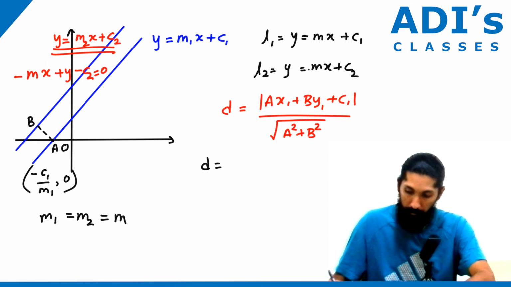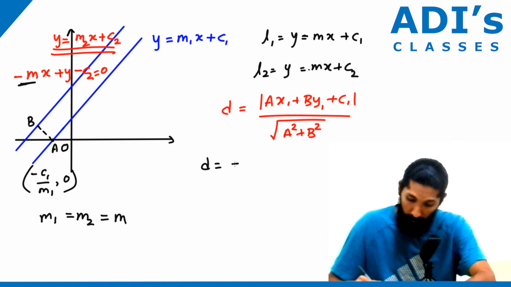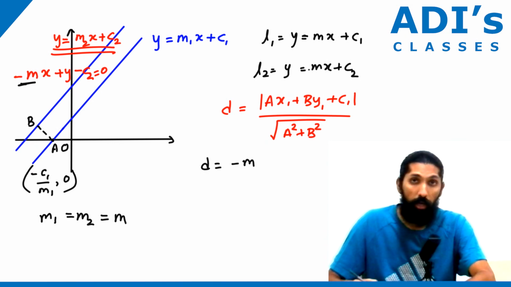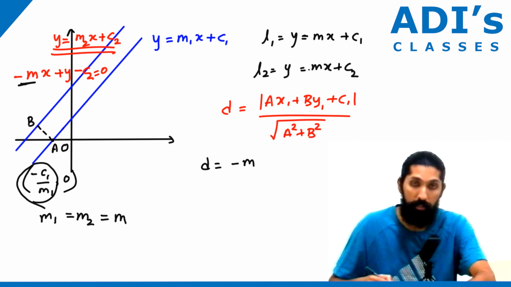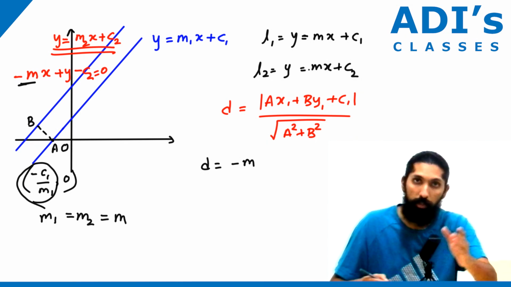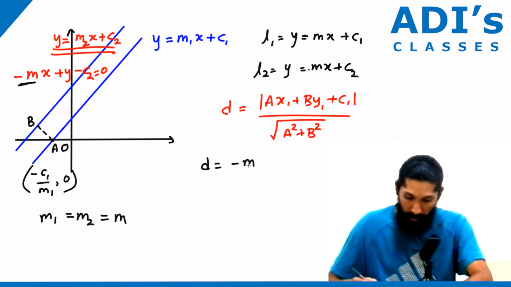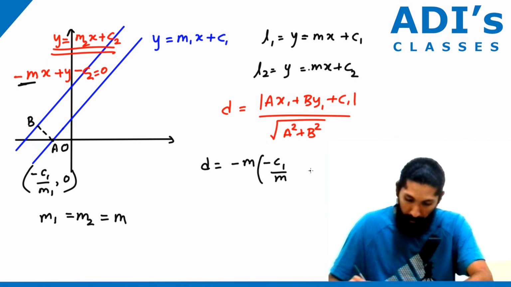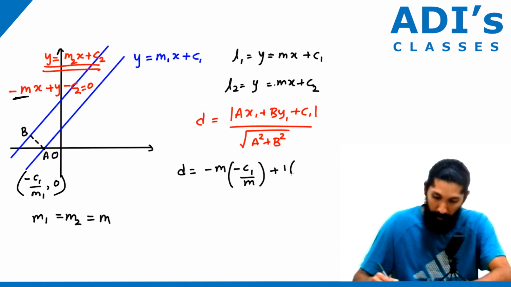That means here a value is minus m. And what is the point? The point is minus c1 by m1. But m1 and m2 are nothing but m itself. So we can write this as minus m into minus c1 divided by m. Next, what is c? Minus c2.